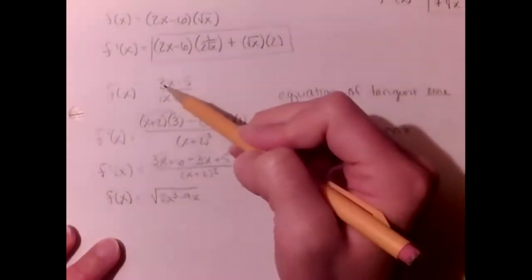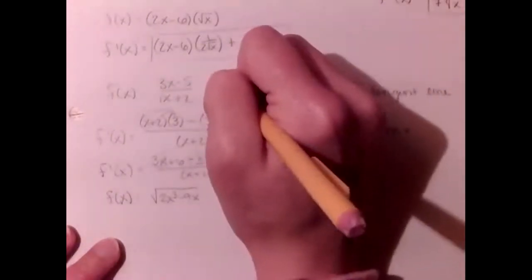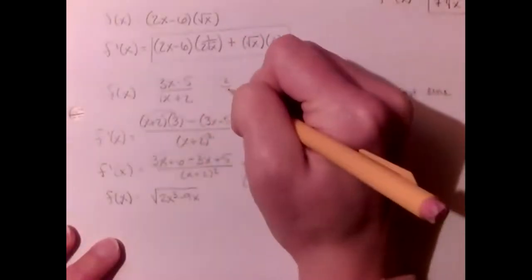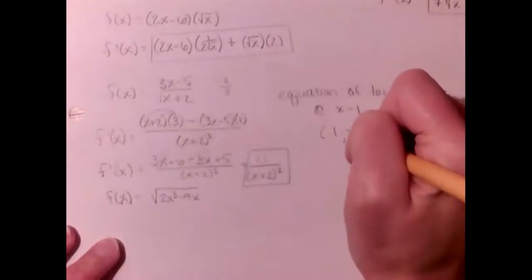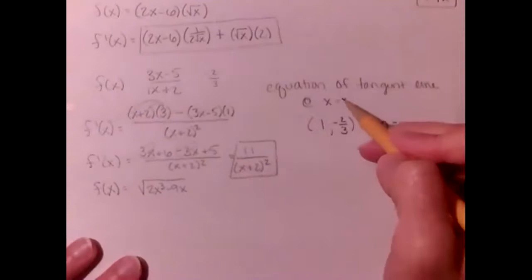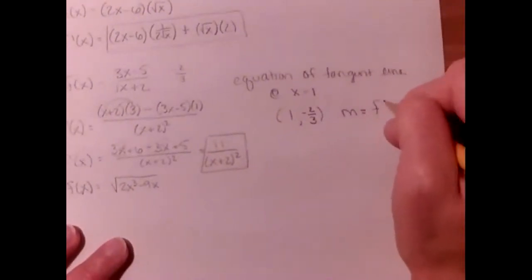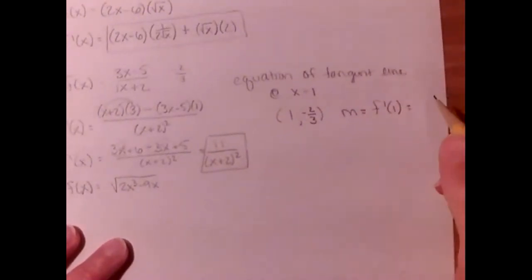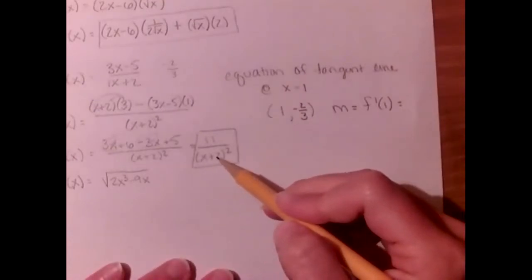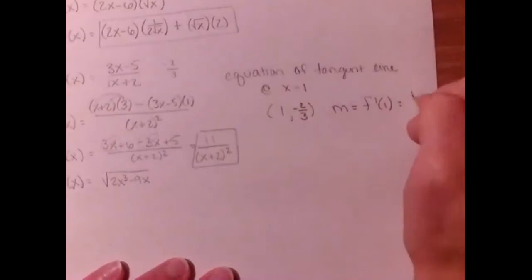So the numerator would be negative 2, and the denominator would be 3. So negative 2/3. And then the slope comes from the derivative, and we're again going to plug in 1. So this would be f prime of 1. So if we plug 1 into this, that'll be 3 squared, which would be 9, so 11/9.